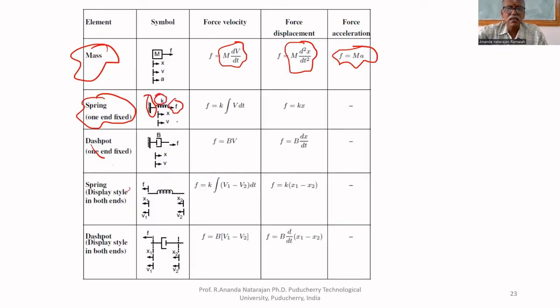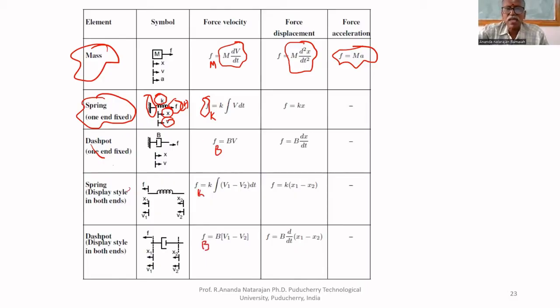The spring constant is K, the displacement is X, and the velocity at which it moves because of the force is V. The reaction force because of the applied force F of t is, although all forces are mentioned here as F, you should understand that this is Fk, this is Fm, and this is Fb.